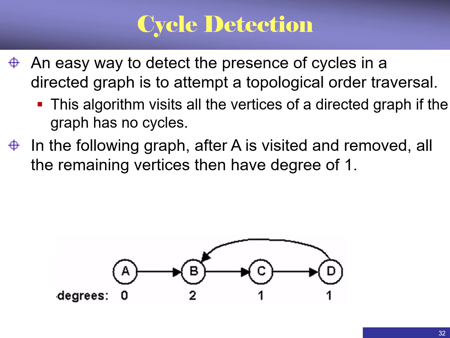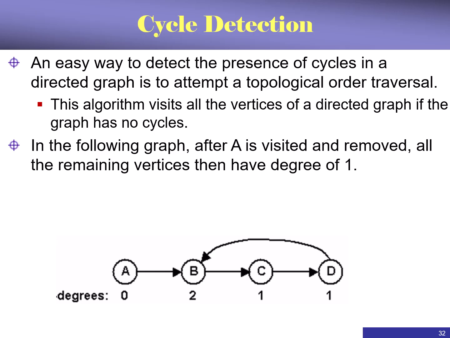So when I add the vertex A and remove it, what will be the degree of the other vertices? B 1, C 1, D 1. So how do we continue? If I have a vertex with 0, I will add it to the sorted array. But all the remaining vertices B, C, D will have 1. So I cannot proceed with the algorithm.